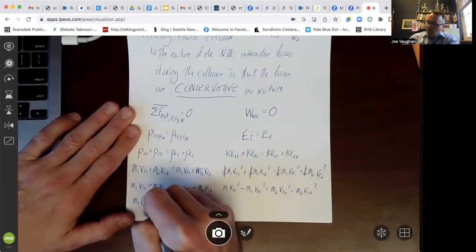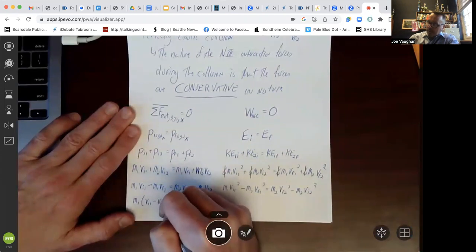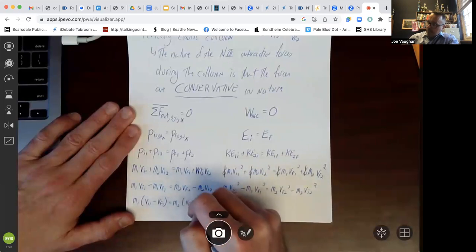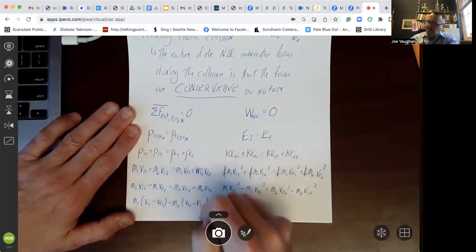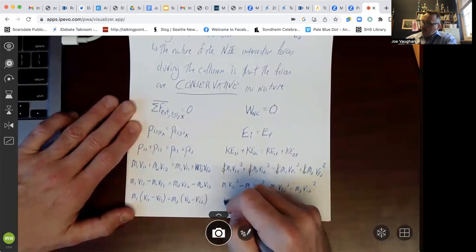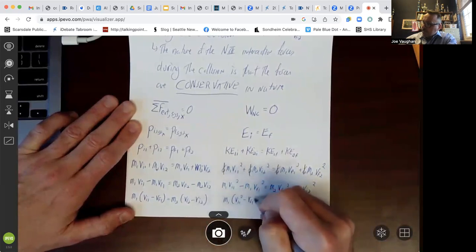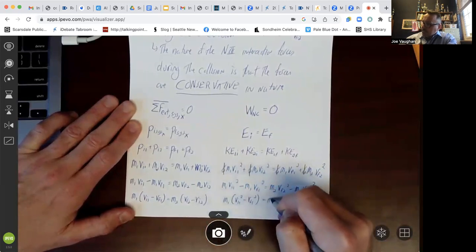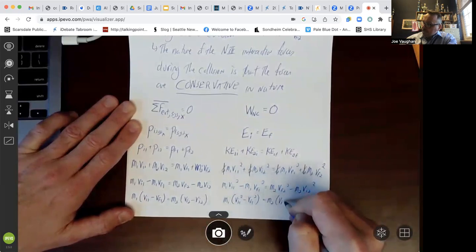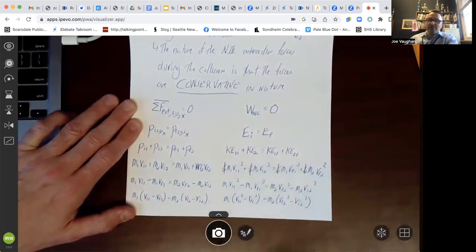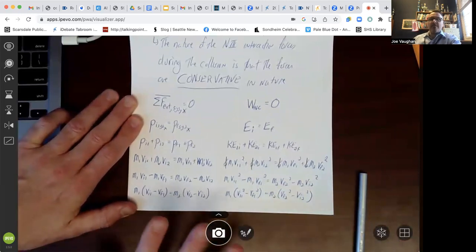I've got VI1 minus VF1 equals M2 times VF2 minus VI2. Nothing really dramatic there. But here, M1 times VI1 squared minus VF1 squared is equal to M2 times VF2 squared minus VI2 squared. And I'm just going to leave that there for a second.